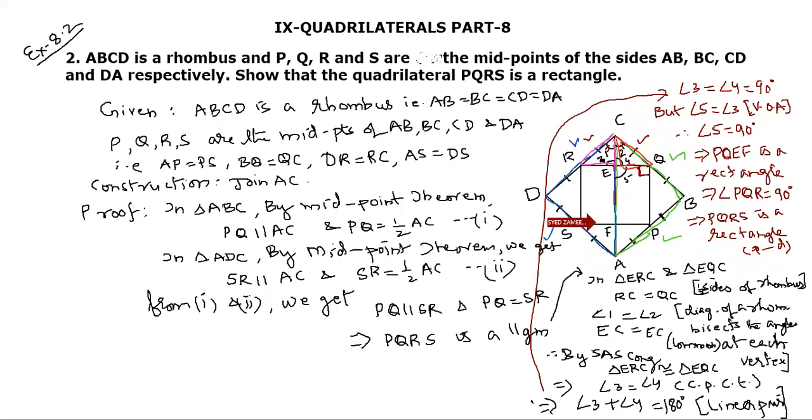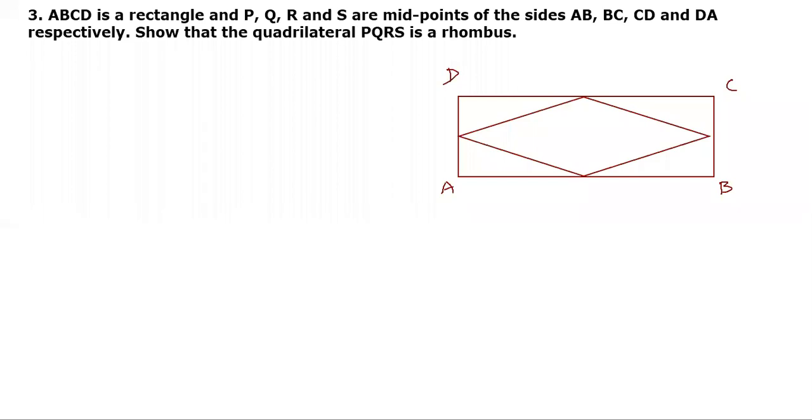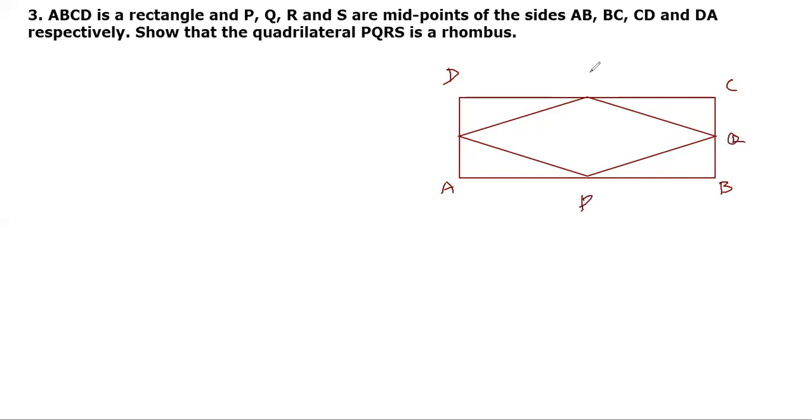Okay. ABCD is a rectangle. P, Q, R, S are the midpoints of its sides.